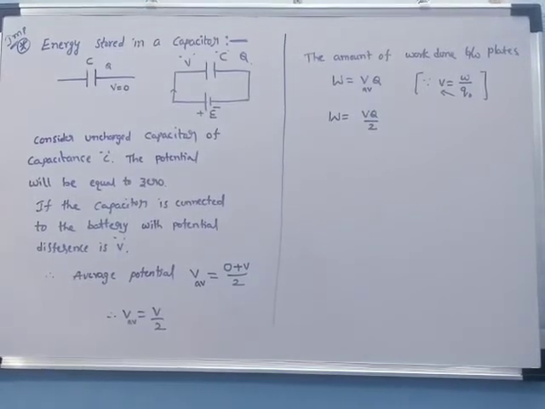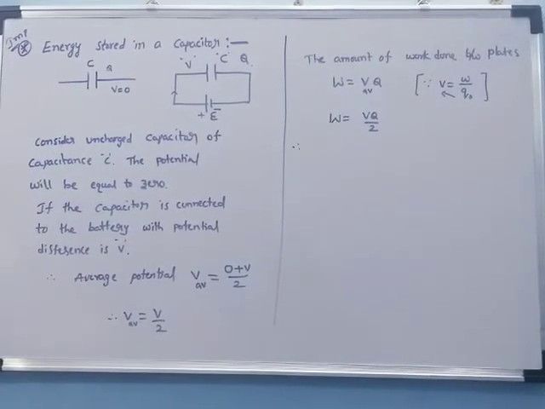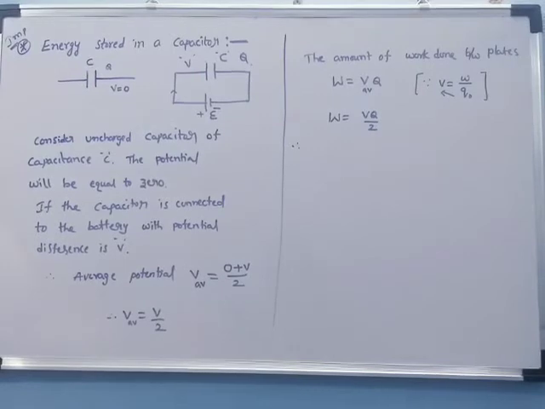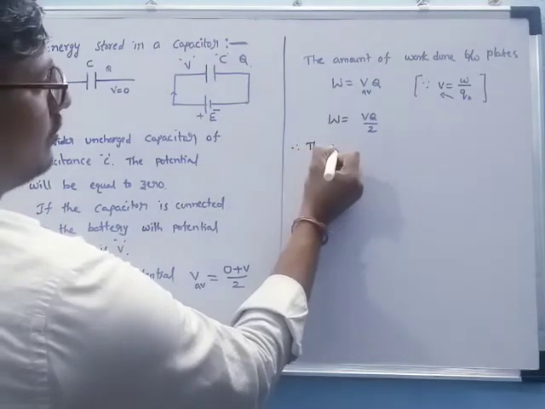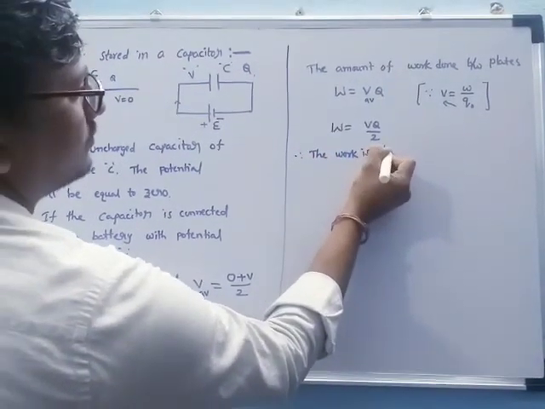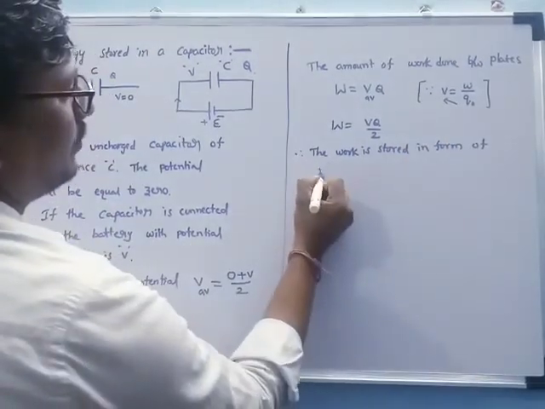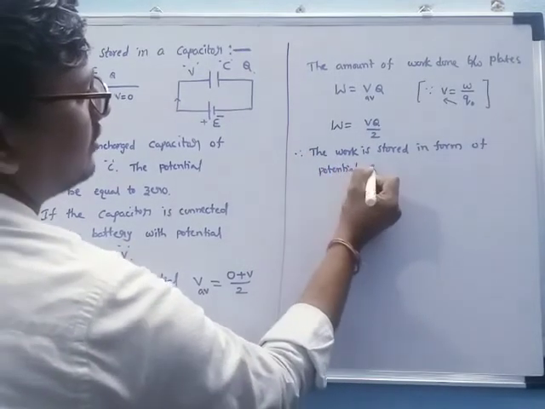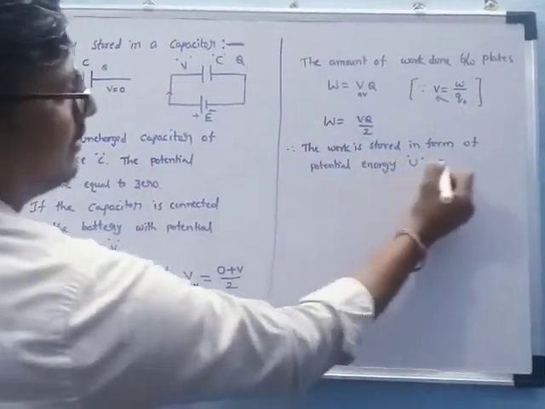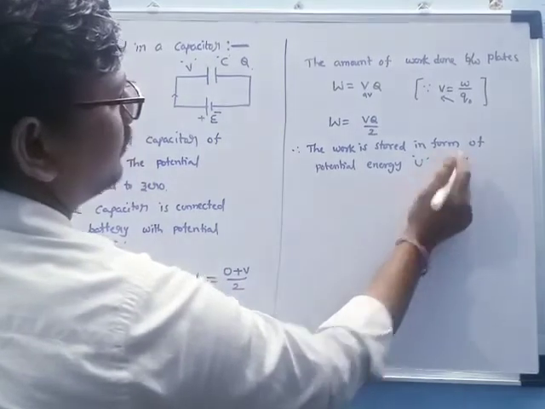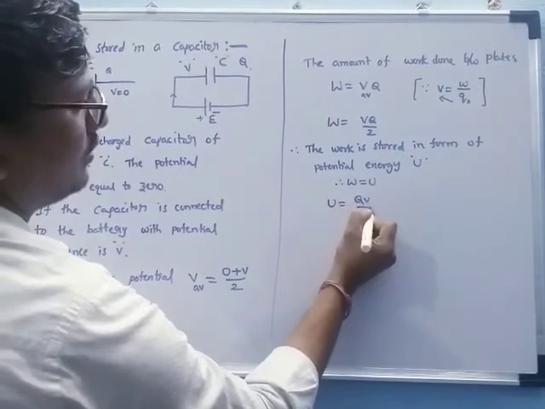Therefore the work done is stored in the form of potential energy, which is denoted by the letter U. So W is equal to U, and U is equal to Q into V by 2.